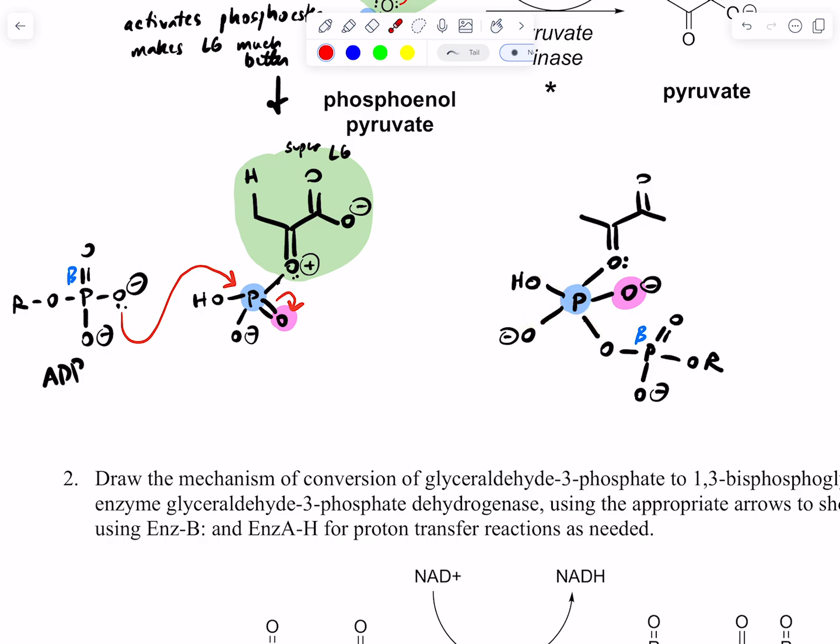Phosphoryl groups, when they're attacked by nucleophiles, make a pentavalent or pentacoordinate intermediate, a phosphorus bonded to 5 things, similarly to how carbonyls, when attacked, make a tetrahedral intermediate. And at that stage, here is the leaving group.